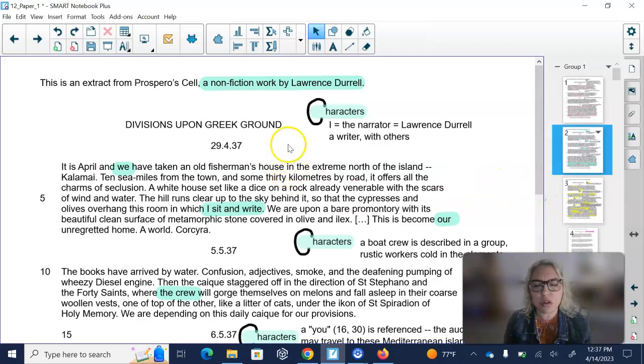Well, first of all, we're told that this is a nonfiction work by Lawrence Durrell. And then we have the pronouns we and I. So we know that the I, the speaker, is Lawrence Durrell because it's nonfiction, meaning it's true, right? And he's talking about himself. So that is Lawrence Durrell.